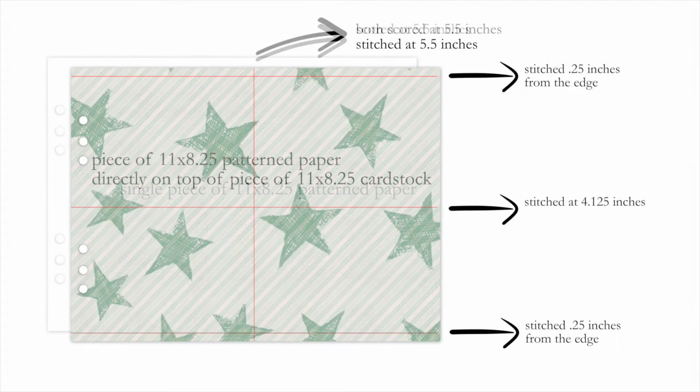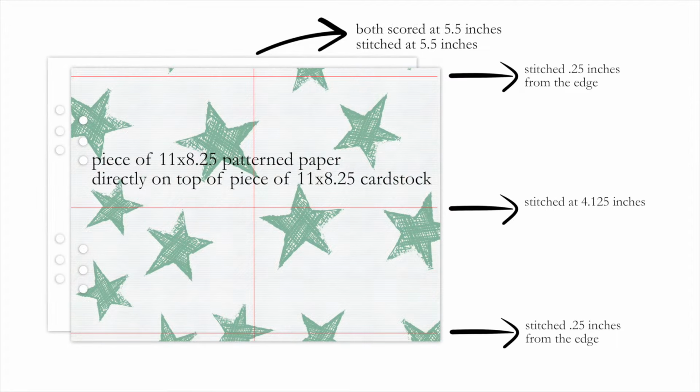So same concept here. You will see, though, that I put a little drawing in the sketch of the white cardstock that is actually directly behind the patterned paper. And I just offset it there so you know that there are 2 pieces of paper for this step, and they are laid directly on top of each other.